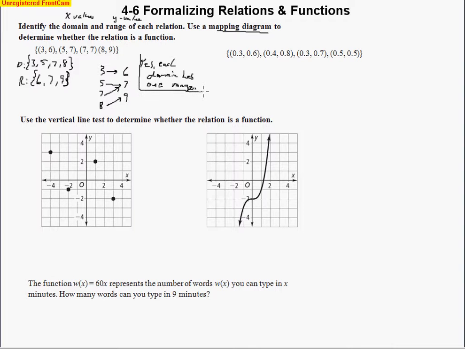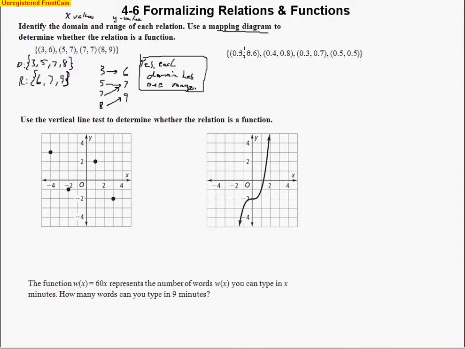If I had a domain going from like 5 going to 7 and 9, then it would not be a function. So basically when we plug 3 in, we should always get the same answer, 6. When I plug 5 in, I should always get the same answer, 7. Plug 7 in, hey, I get the same answer, but that's okay. I'm always getting 7. And 8, well, I get 9 as the answer. So a function is when each domain has just one range.